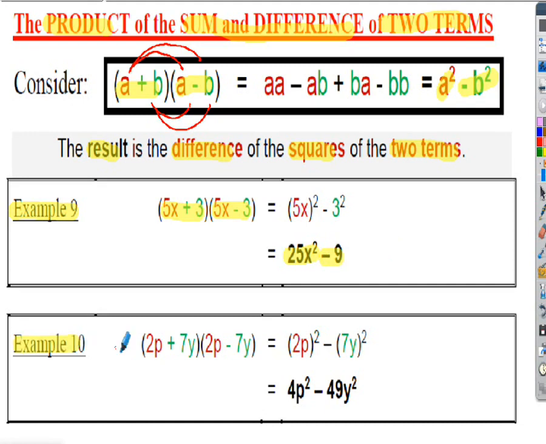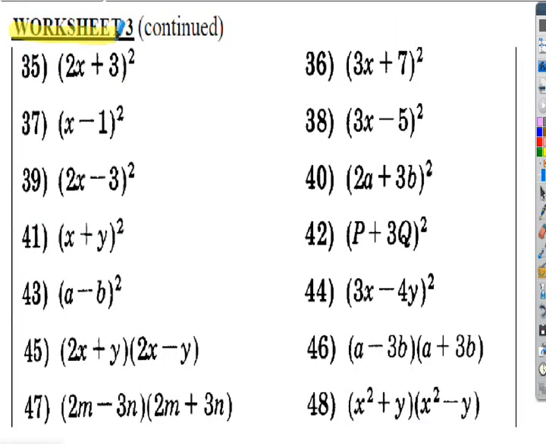In example 10, we've got 2p plus 7y, all multiplied by 2p minus 7y. So again, the solution will be 2p all squared is 4p squared. Subtracting from that, we have 7y squared, so that becomes 49y squared.